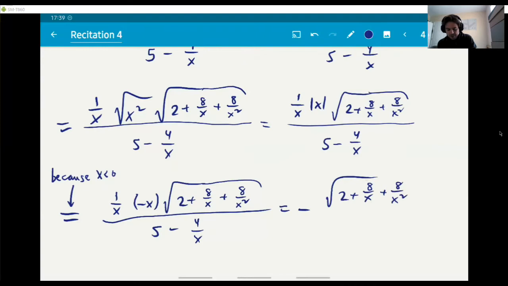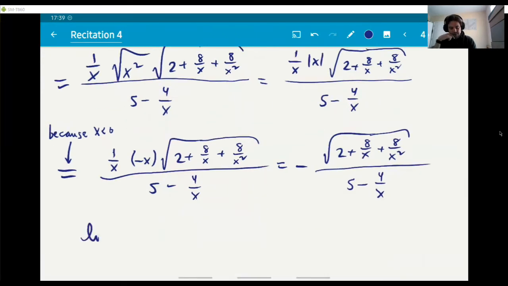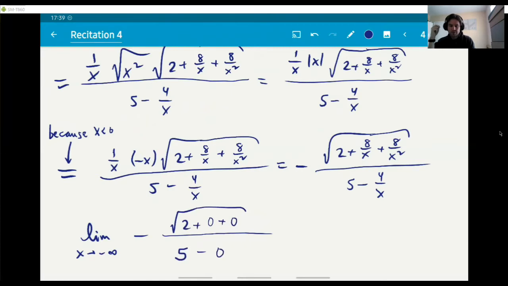When you look at this simplified expression, you realize this is one for which you can simply calculate the limit as x goes to minus infinity. What does that give you? There's a minus sign outside. Square root at the top, it's 2 plus 0 plus 0. And in the bottom, it's 5 minus 0.